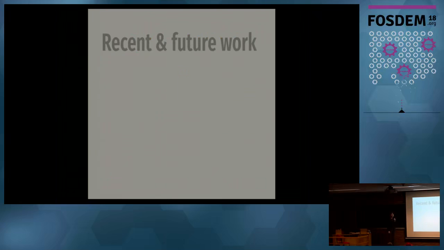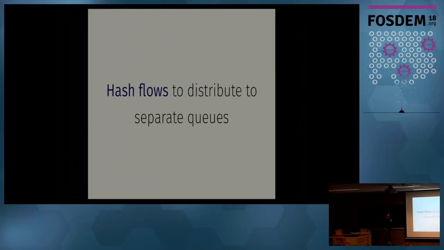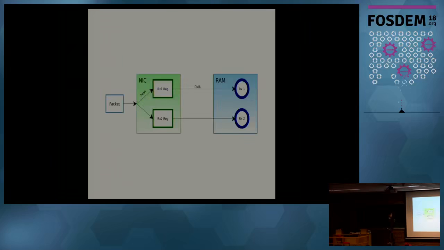Okay, so let me talk now a little bit about recent work we've been doing on this driver and some future work that we want to do. So recently, some colleagues and I added support for RSS and VMDq to the driver I was mentioning. And the advantage here is that RSS basically lets you scale more easily to multiple cores. The idea is that RSS lets you hash flows so that you can distribute them to separate queues. So pictorially, it looks kind of like this.